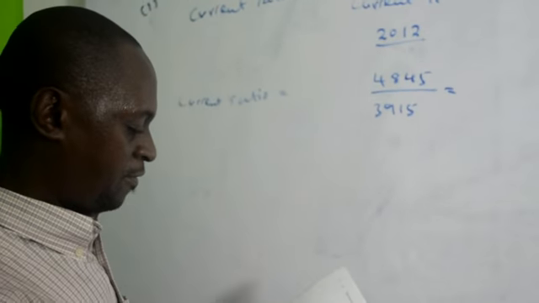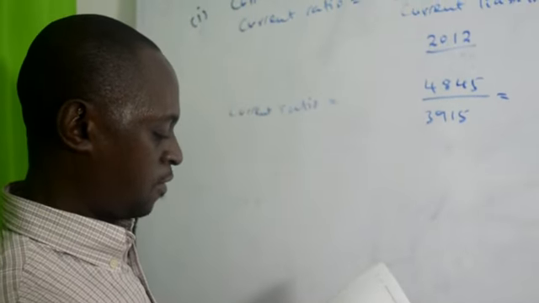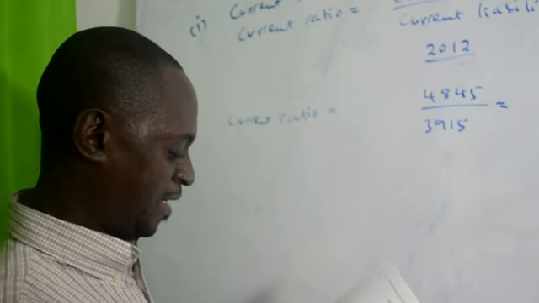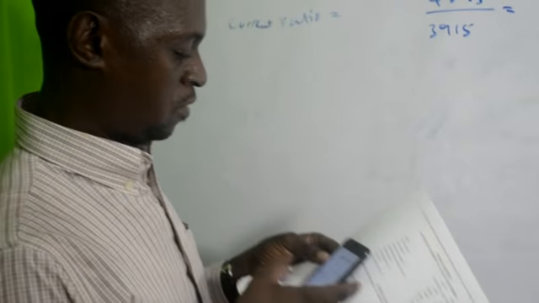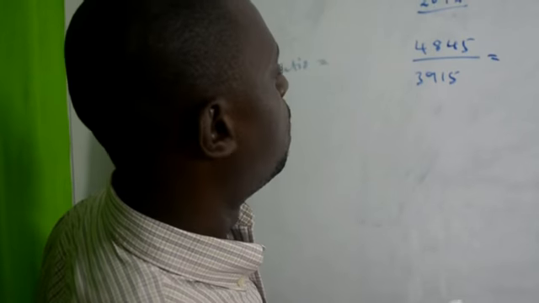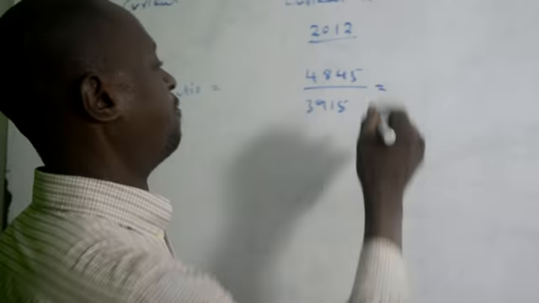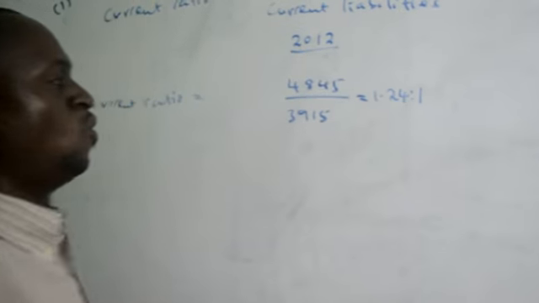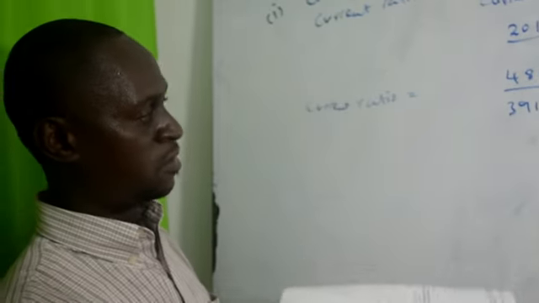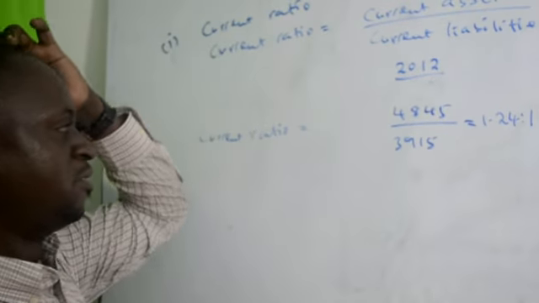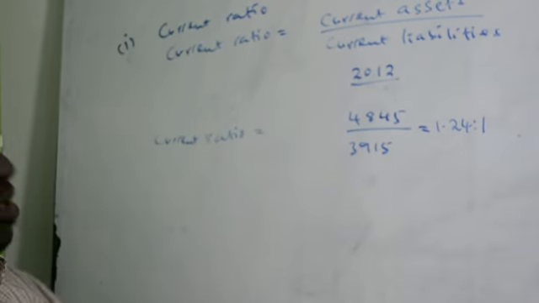So we take 4845, divide by 3915. This gives us 1.24. So you say 1.24 is to 1. That's how we write ratios. So for 2012, current ratio is 1.24 is to 1.